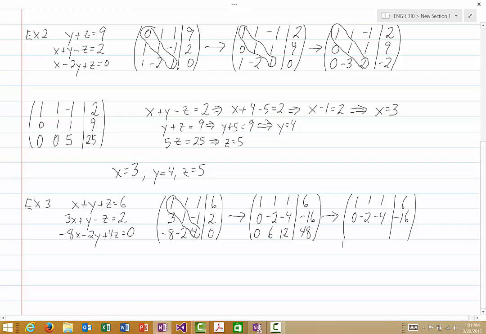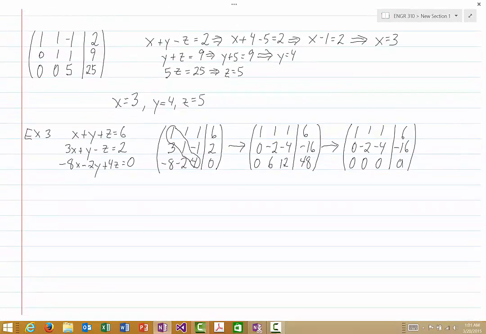And 3 times the second row now added to the third row. 3 times 0 plus 0 is 0. 3 times -2 is -6, and 6 is 0. 3 times -4 is -12, and 12 is 0. And 3 times -16 is -48, added to +48 is 0.